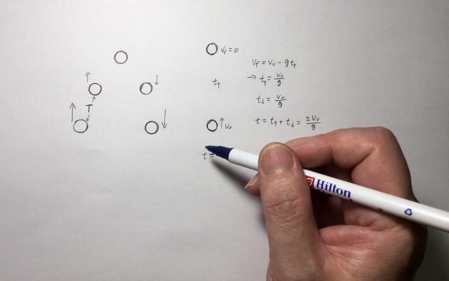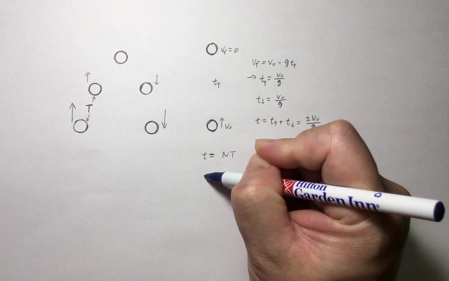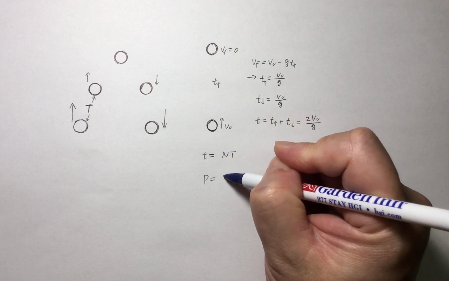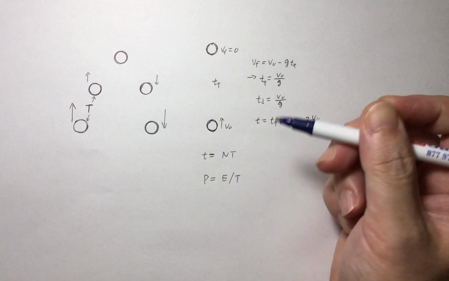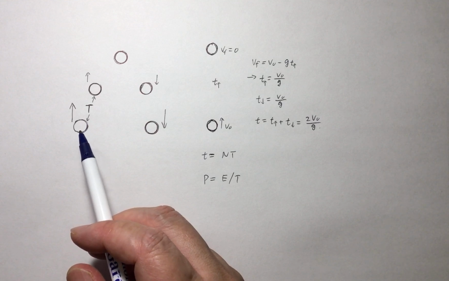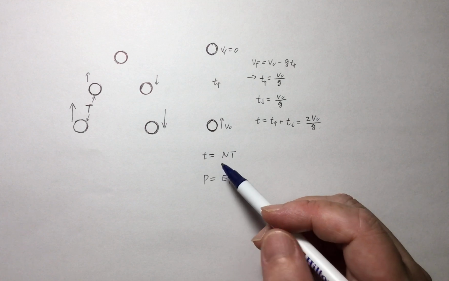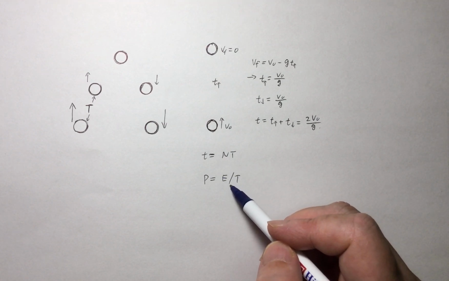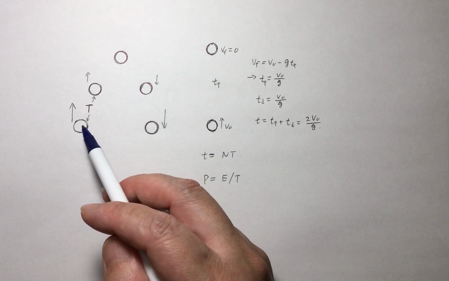Now look at the power. Power is defined as the energy over T. As the problem said, the juggler requires a minimum time, capital T, to throw two balls.